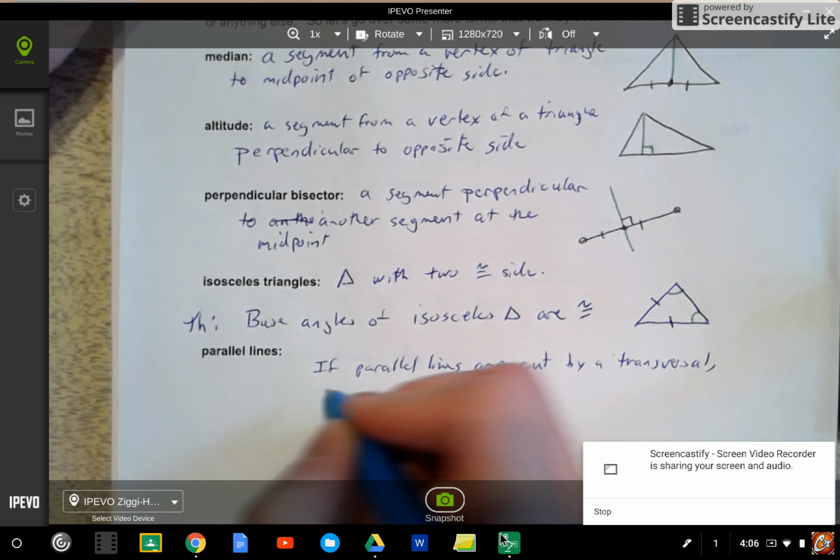Well, if I need to prove parallel lines, I can actually prove parallel lines using any of these. If we have corresponding angles congruent, then lines cut by a transversal are parallel lines. Okay, if I have alternate exterior angles congruent, then lines cut by a transversal are parallel. So it would look something like this.